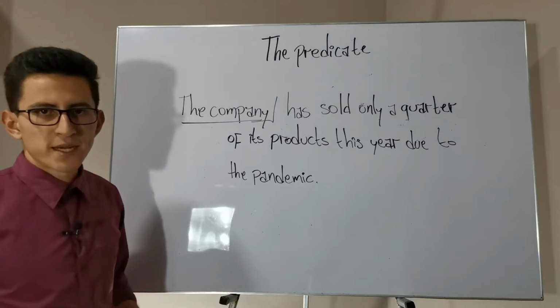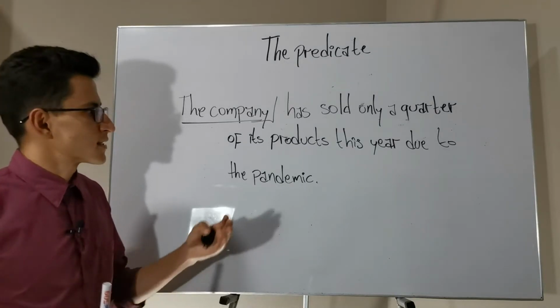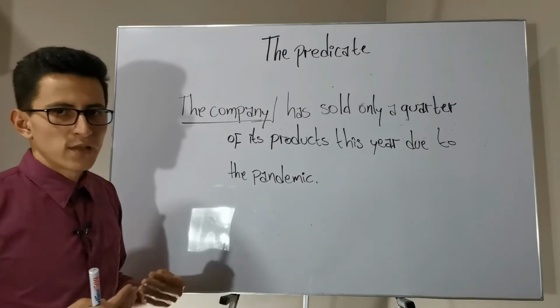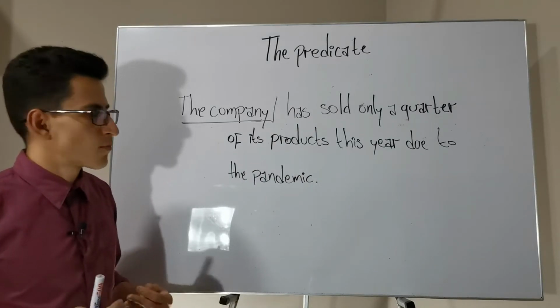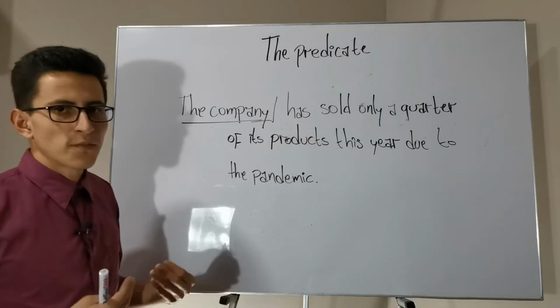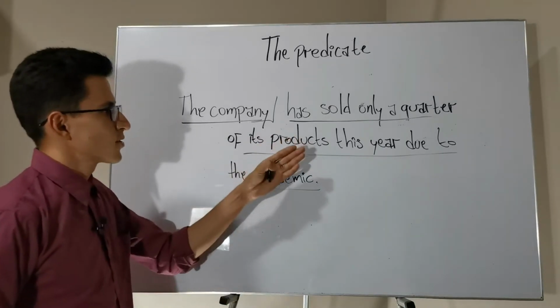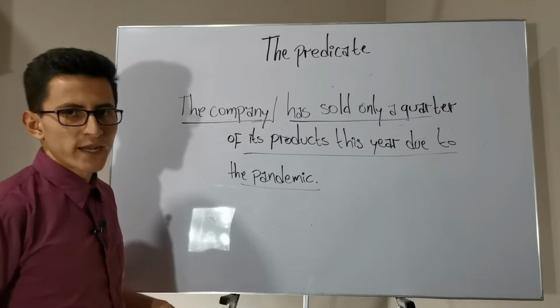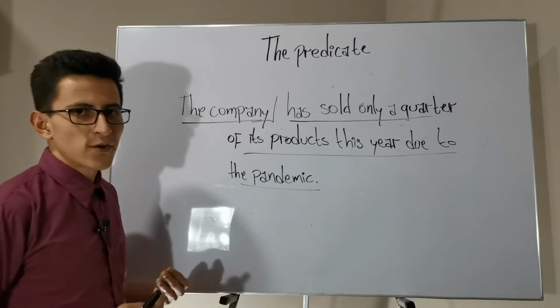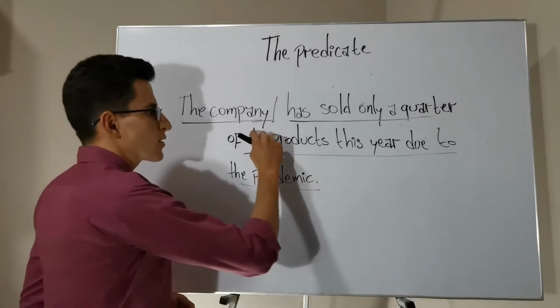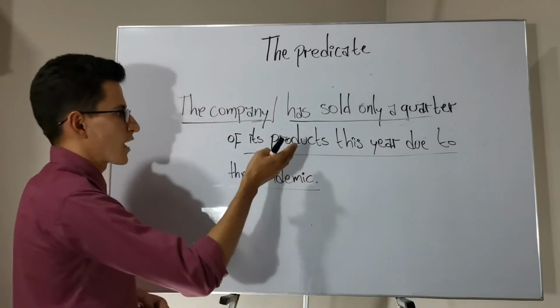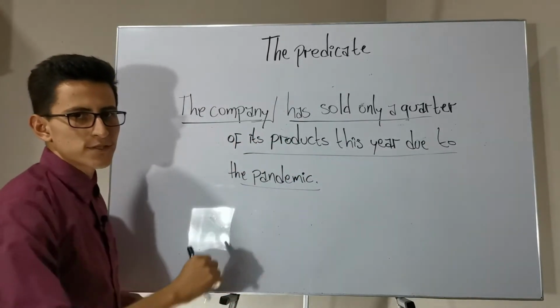In the complete predicate, we include the simple predicate and all the words that are modifying it or completing its meaning. Remember that has sold was the simple predicate. But in the complete predicate, we include all the words that are not part of the subject.